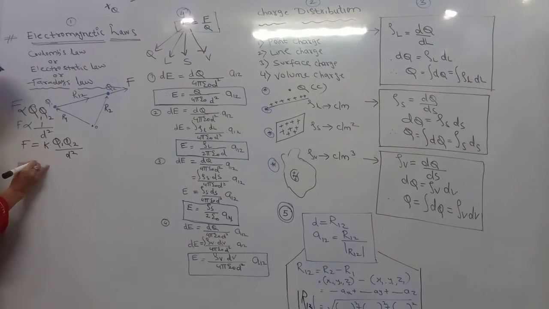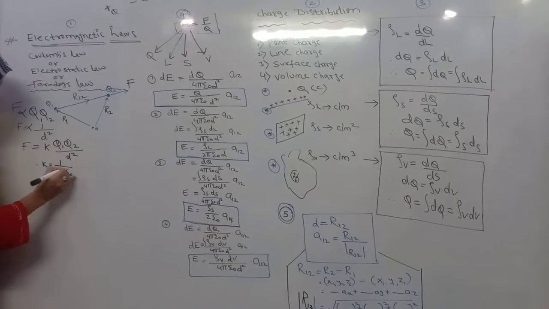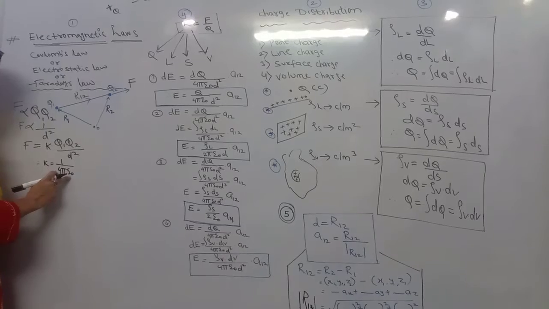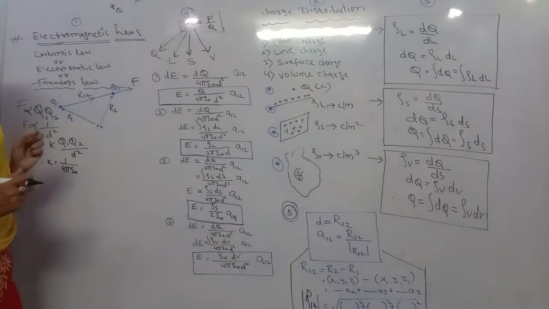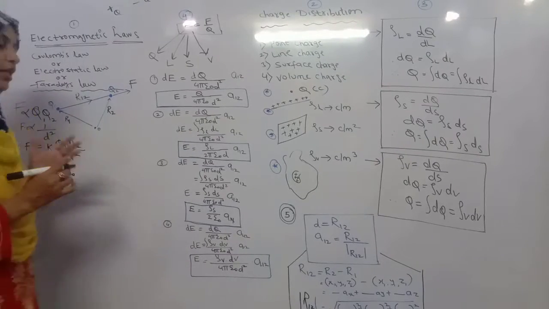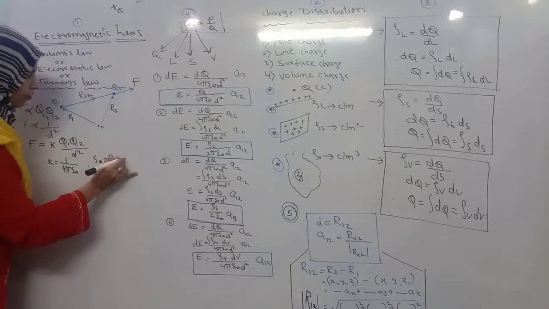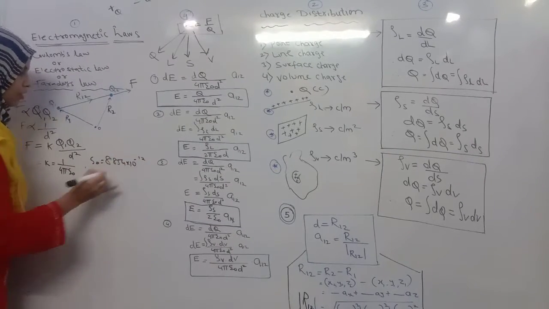How can we find this K? K is the constant of proportionality that you can calculate as K equals 1 by 4 pi epsilon 0, where epsilon 0 is the permittivity, and its value in free space is 8.854 times 10 raised to the power minus 12 farad per meter.